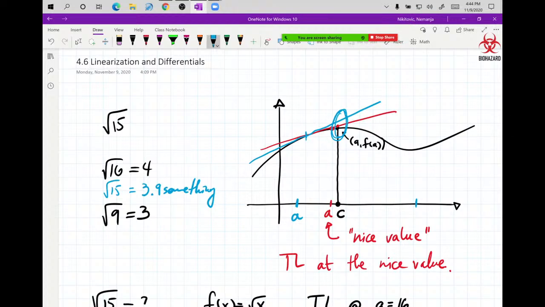You could have picked it, let's say here. That will give you the tangent line that looks like this, actually more slanted, with tangent line that looks like that. Look at the difference now in error with the calculation. You cannot pick a number that is far away from the value you want to compute, because you will get the wrong answer every single time.